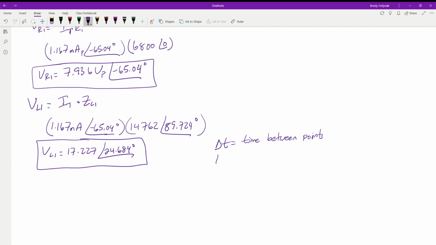And you're going to have your period, which is equal to 1 over your frequency, in seconds.